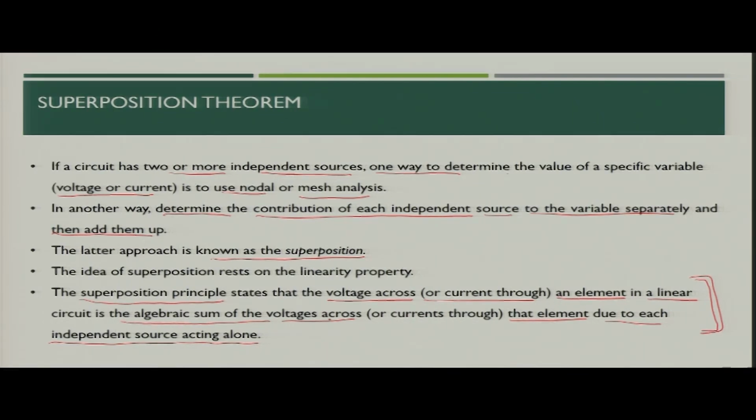Then, when you get the variable value independently for each individual voltage or current source, you add them up and get the final value of the variable, that may be the voltage or current. Why? Because the superposition follows the linearity property. So, the homogeneity and additivity both are applicable when you use the superposition theorem to solve the circuit.